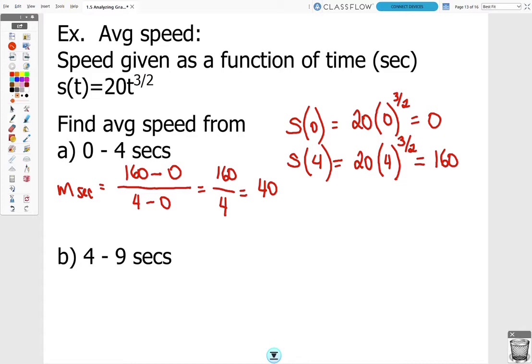The next one, from 4 to 9 seconds, if you continue to follow this equation, what does that look like? Well, from 4 to 9 seconds, I already have the speed at 4 seconds. I need to calculate the speed at 9 seconds now. So I need to calculate S of 9. That is going to be 20 and then 9 to the 3/2 power.